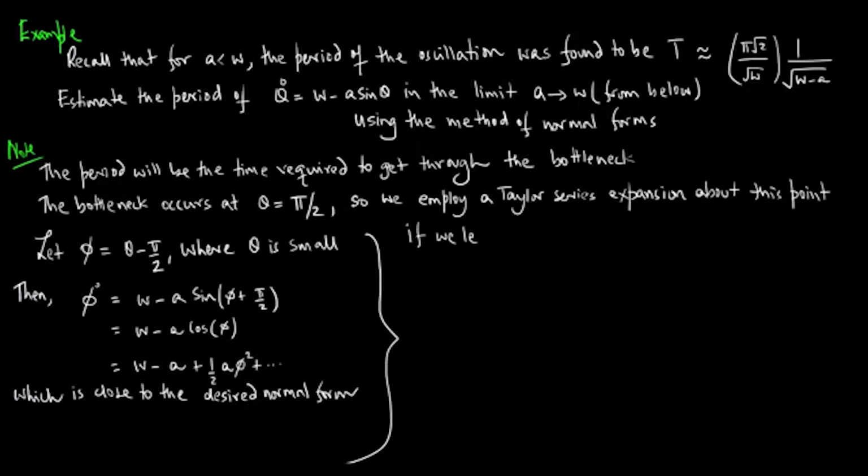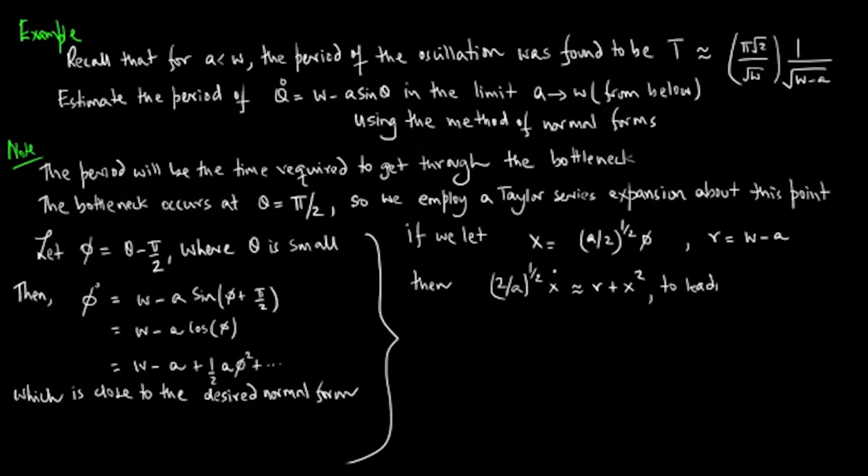So if we let x equal to a by 2 to the power of a half times phi, and r equal to omega minus a, then 2 by a to the half x dot is approximately equal to r plus x squared, to leading order in x.